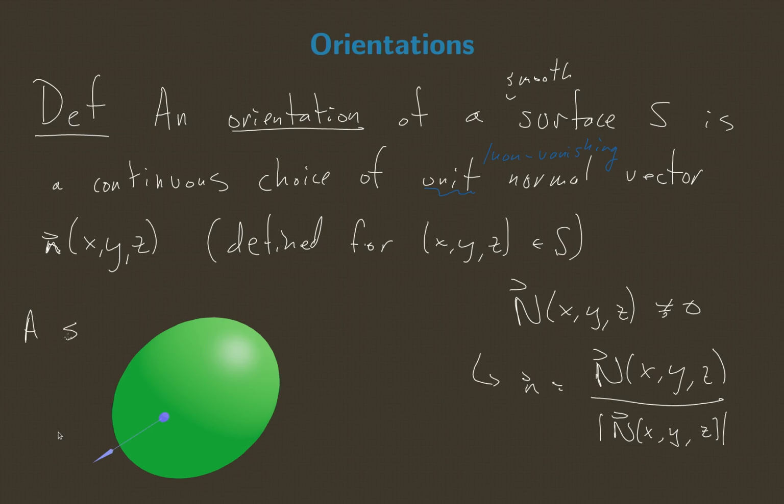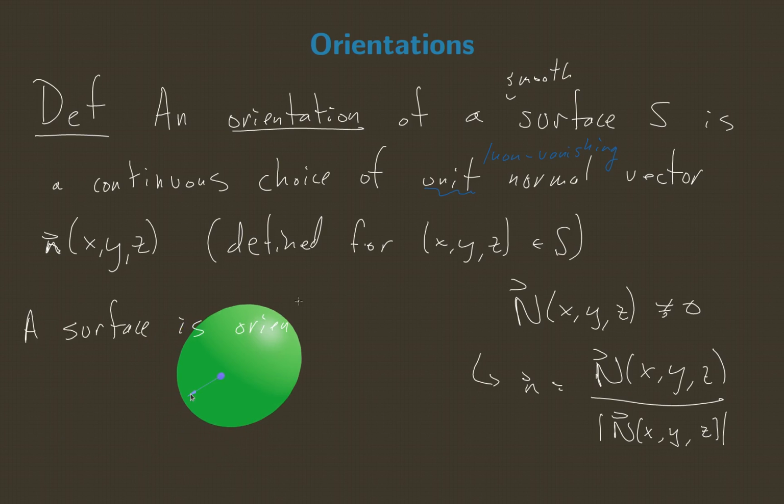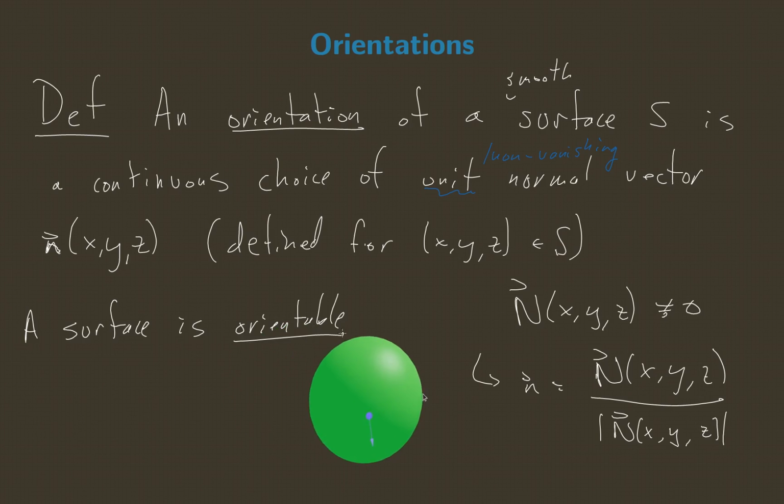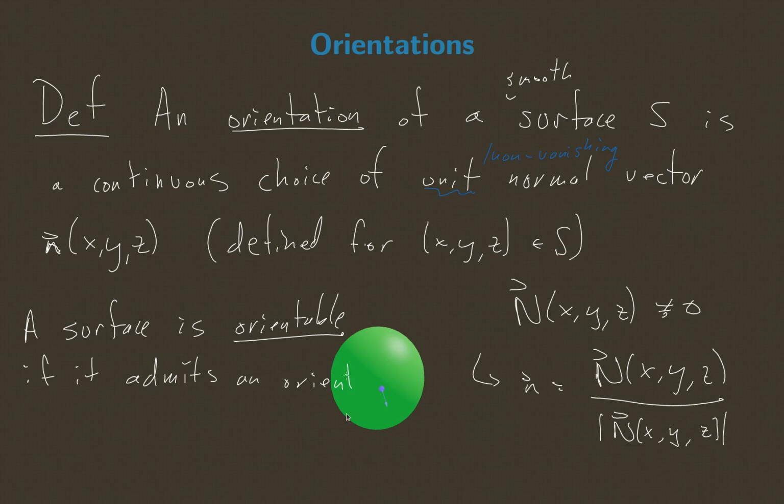So a surface is orientable if it admits an orientation.